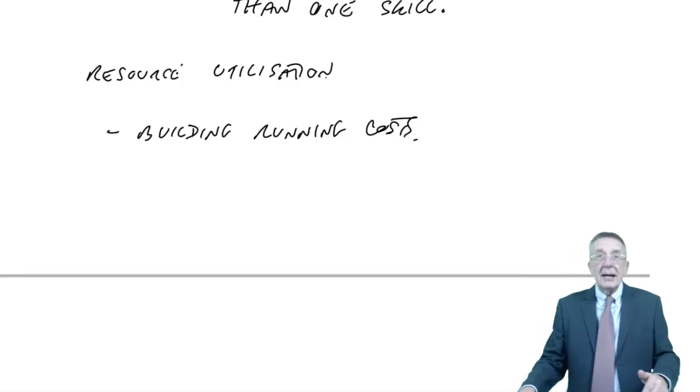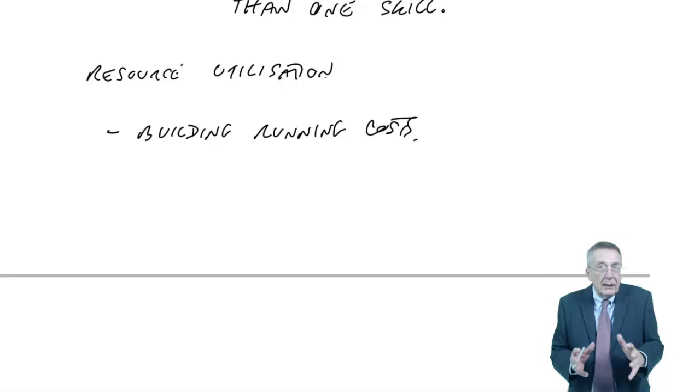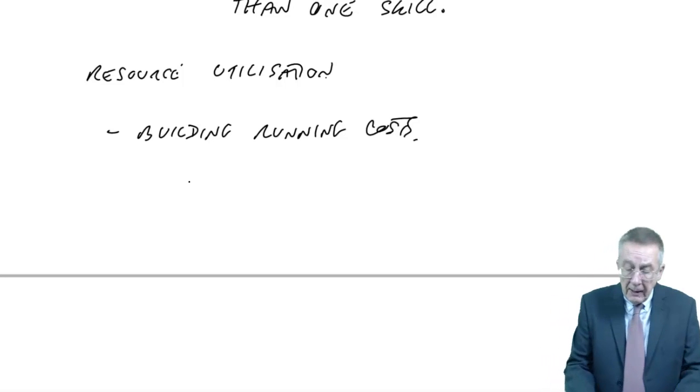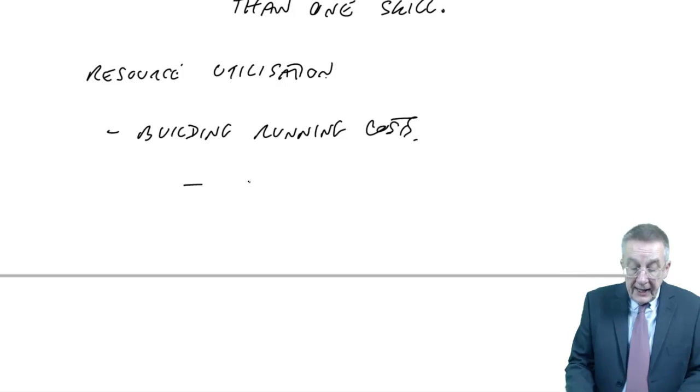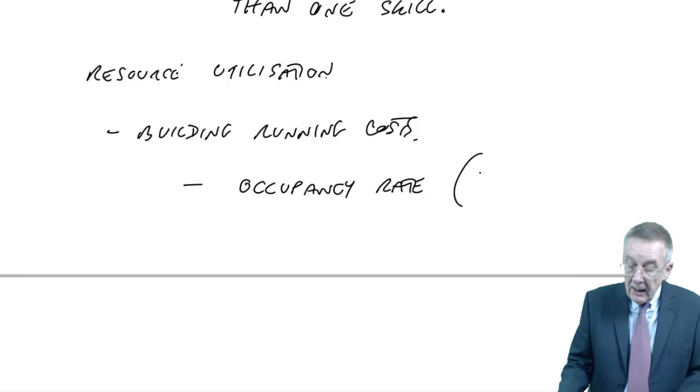And so for things like that, how might you measure how well we're using the resource? The obvious one would be the occupancy rate. The average percent of rooms occupied.